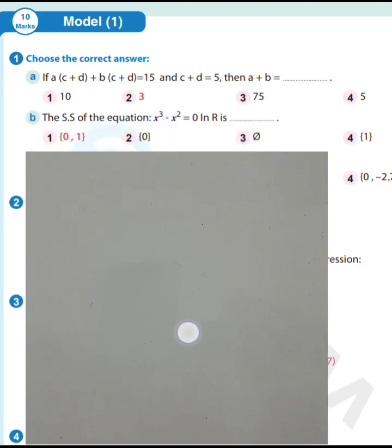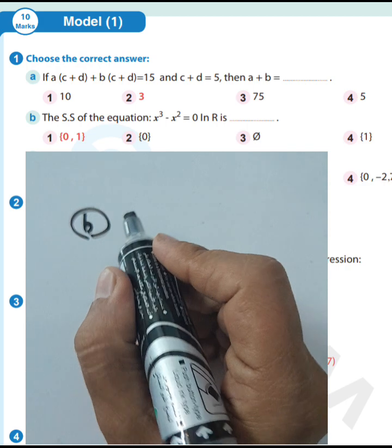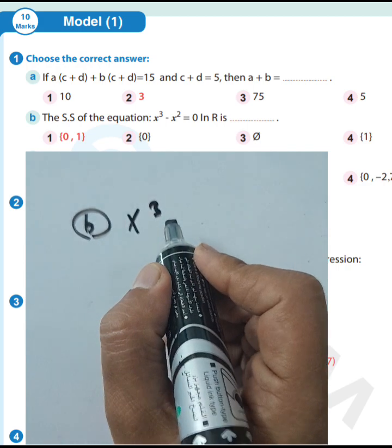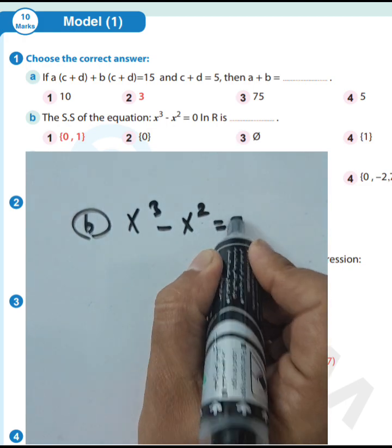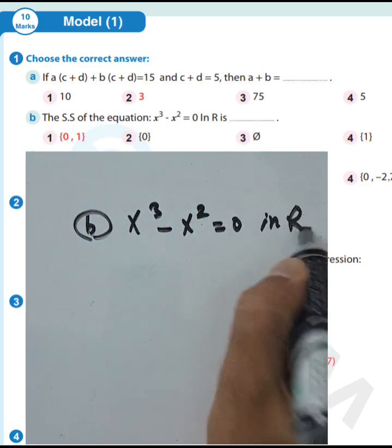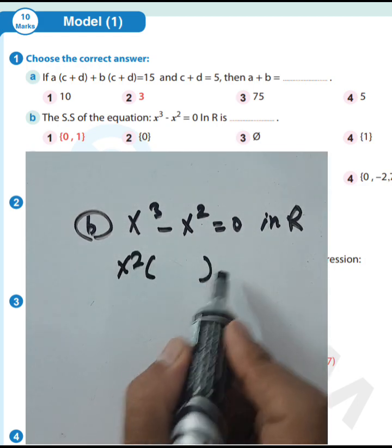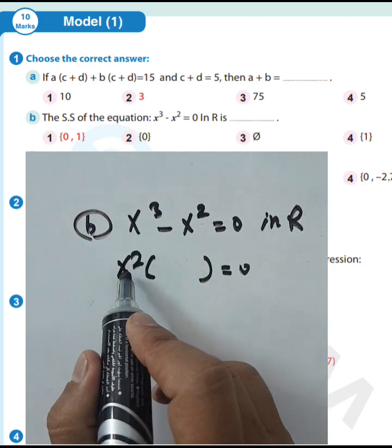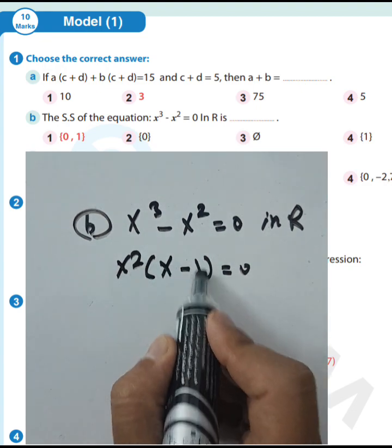Question letter B. The solution set of the equation x cubed subtract by x power 2 equals 0 in real numbers. We can write x power 2 as the highest common factor between two terms. Then x power 3 divided by x power 2 will be x, and x power 2 divided by x power 2 will be 1.